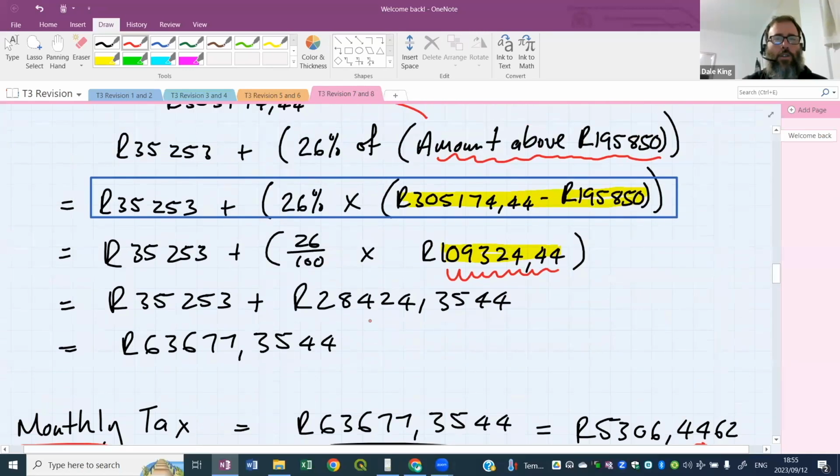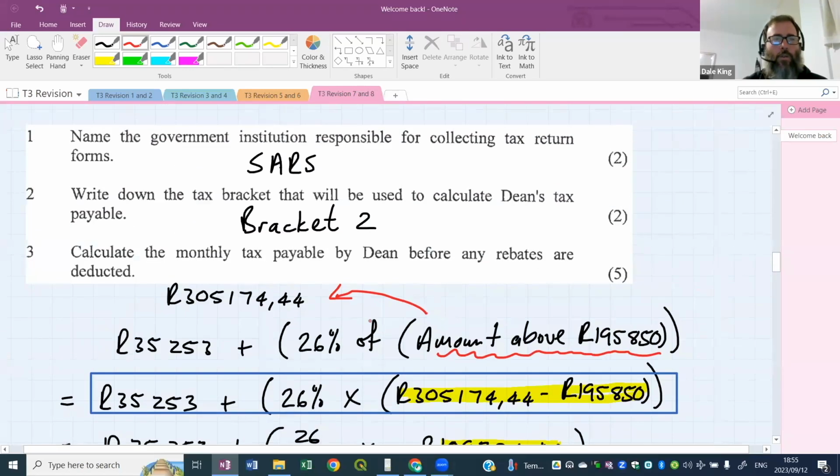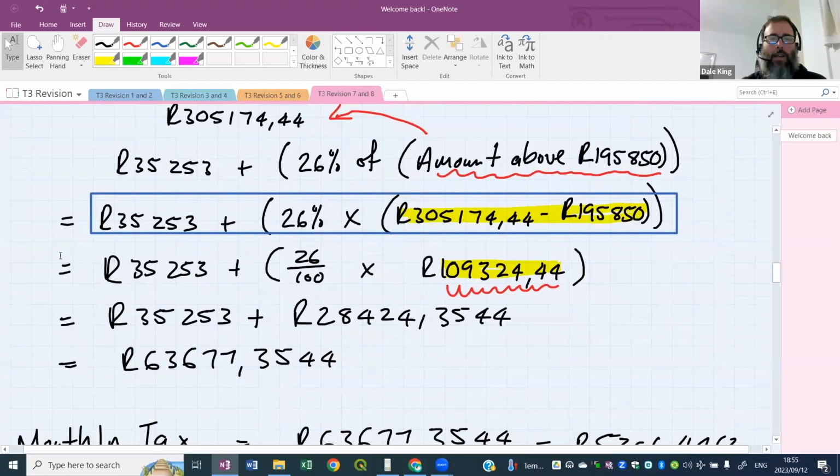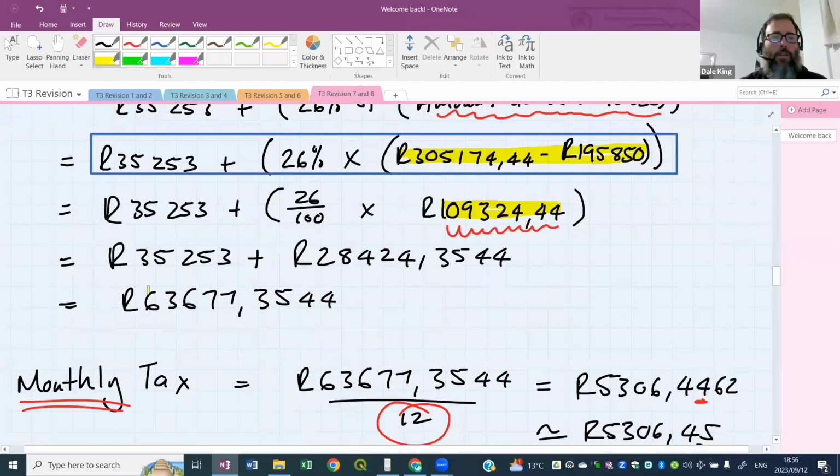A good question that does confuse people. The question said, calculate the monthly tax. So then in question 3, it says the monthly tax payable. And the tax tables we were working off are annual tax tables. How much you're going to pay for a year's worth of income. So when we do the calculation off the annual tax table, we come down to an annual tax payable, which is this value here.